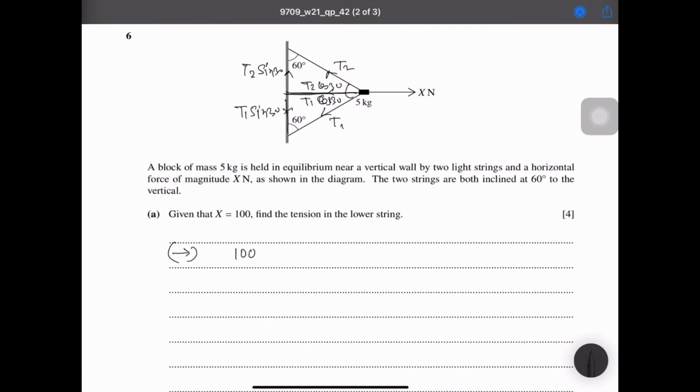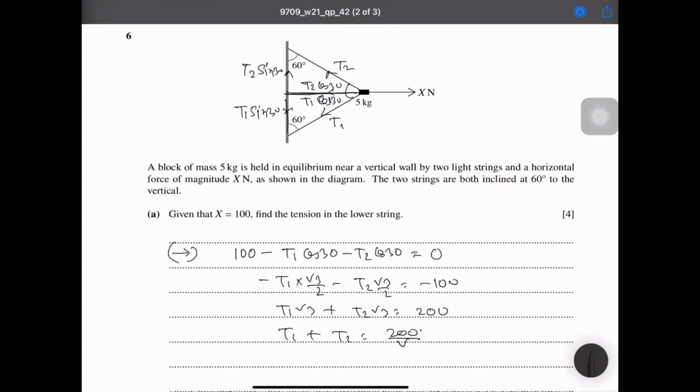So x is 100 minus T1 cos 30 minus T2 cos 30 equals mass times acceleration, which is 0. So minus T1 cos 30 is root 3 by 2, T2 cos 30 is root 3 by 2 equals minus 100, multiply by 2, so T1 root 3 plus T2 root 3 equals 200, so T1 plus T2 equals 200 divided by root 3.